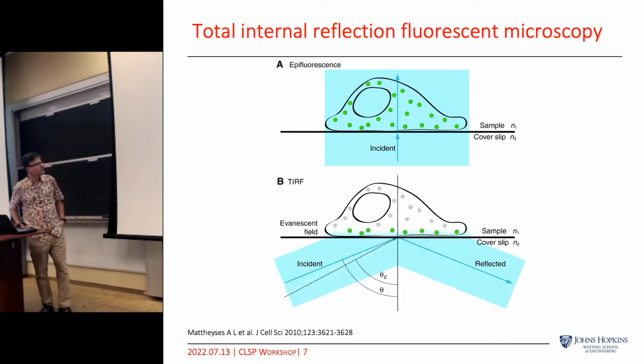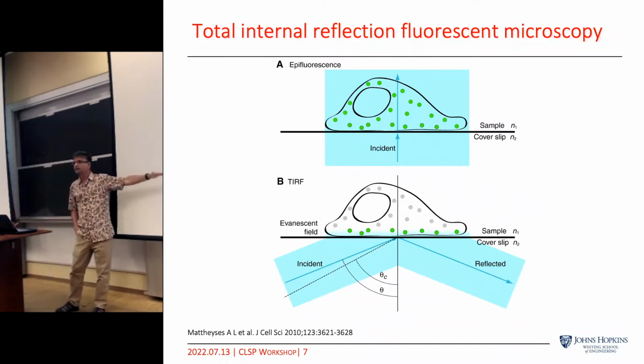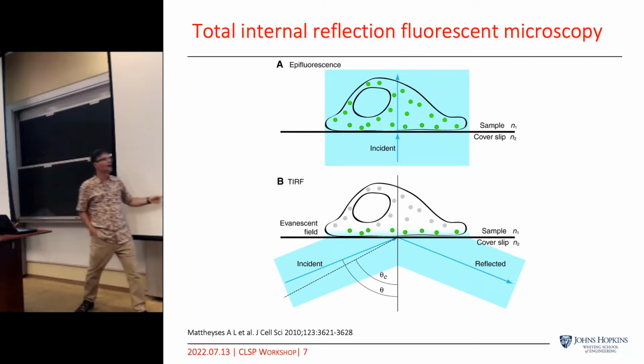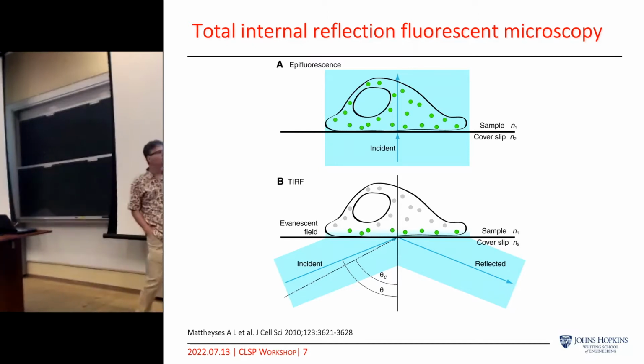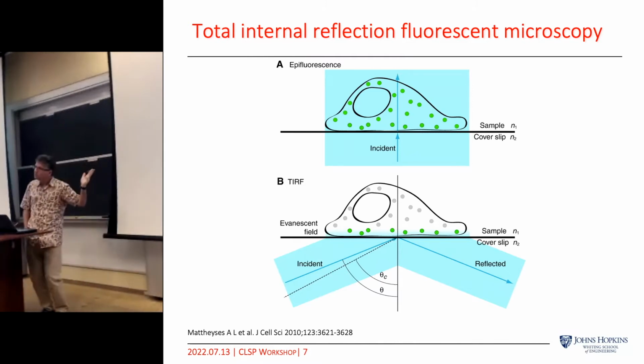So what microscopists use is basically total internal reflection. Instead of shining the laser at a 90-degree angle to the bottom of the cell, they shine it at basically the angle of incidence. So you get reflection from it. None of the light goes through, but that's not 100% true.